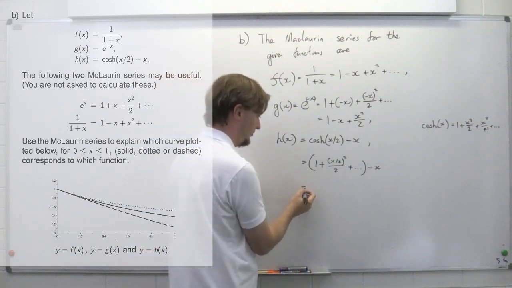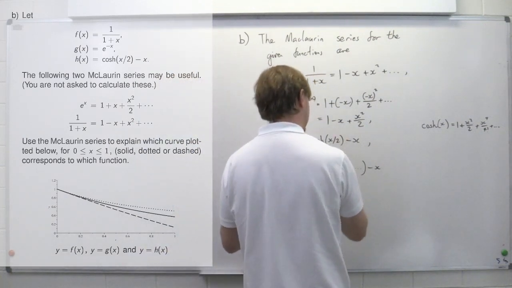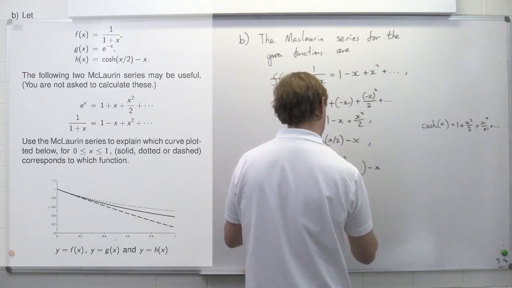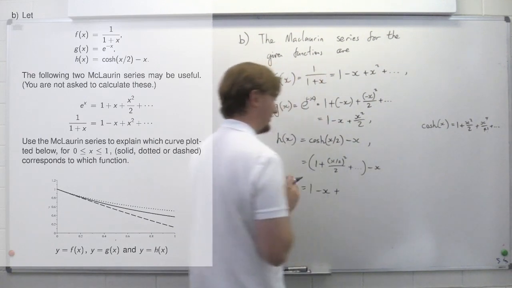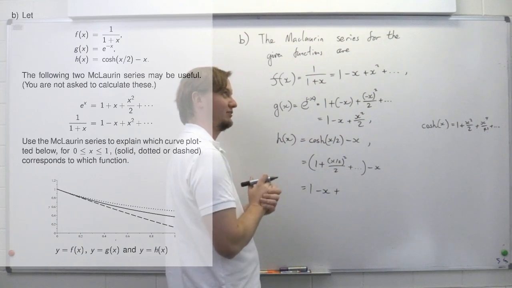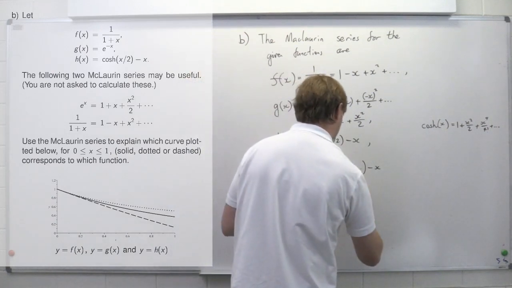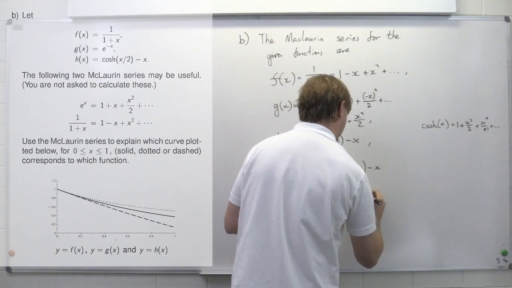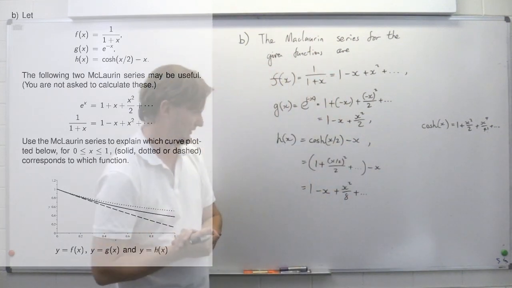So rewritten, bringing this x into this polynomial gives me 1 minus x plus, well, x over 2 squared is x squared over 4. It can be written as x squared over 8. And there will be higher order terms, but that's all I really want.